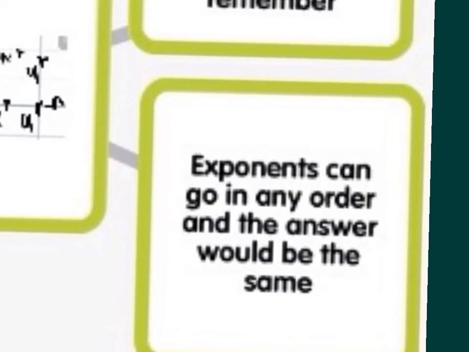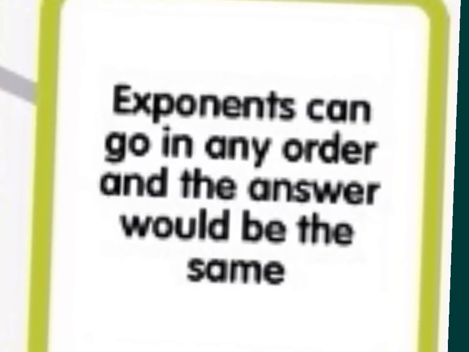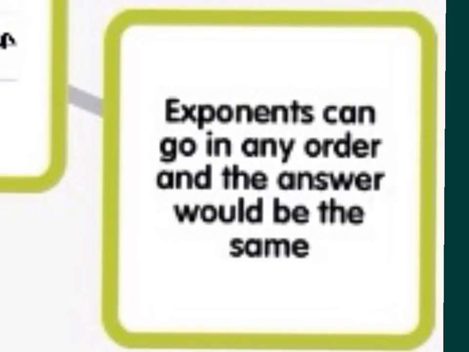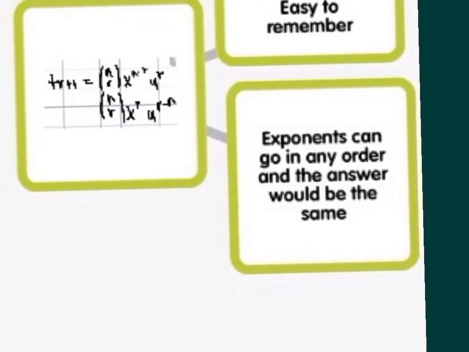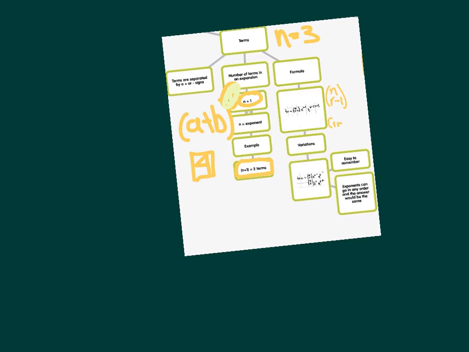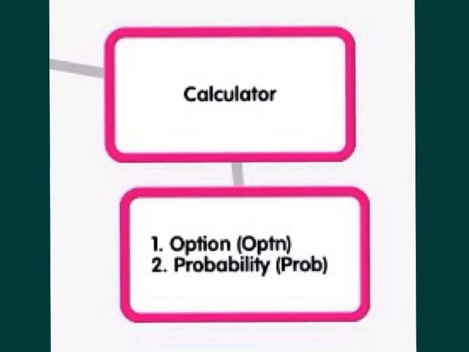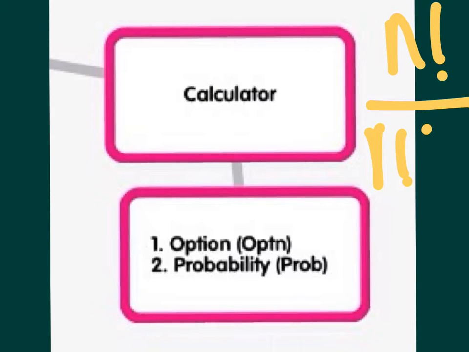So why can we make this variation in the exponents? Because the order doesn't matter and the answer is always going to be the same. So to calculate this, if you don't have much time to do the n factorial over r factorial times n minus r factorial, you can use the calculator because it has an option to do this type of questions.